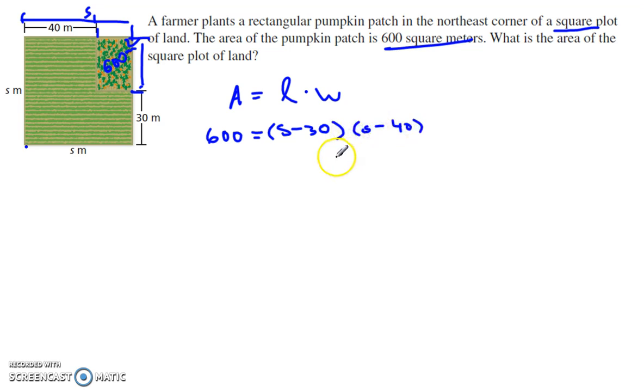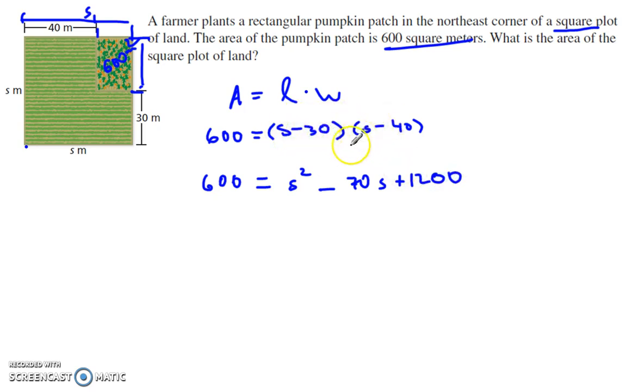Now we're going to do the box method or FOIL, whichever method you prefer. And then we get 600 is equal to S squared minus 70S plus 1200. Sorry, not factoring.